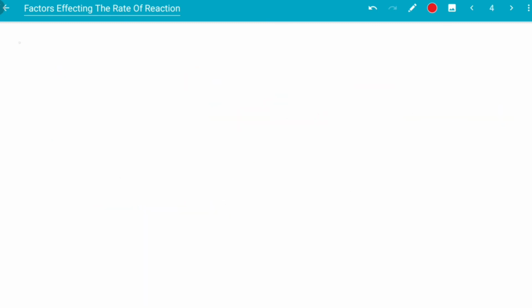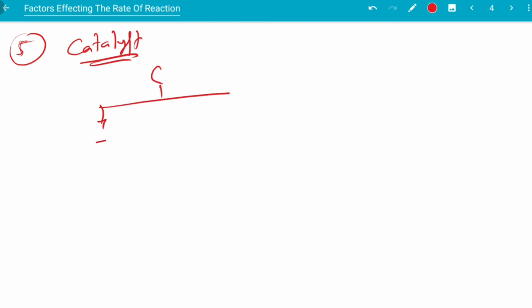And then the fifth one is catalyst. Catalysts are of two types: positive catalyst and negative catalyst. With a positive catalyst, the rate of reaction increases and the activation energy decreases.